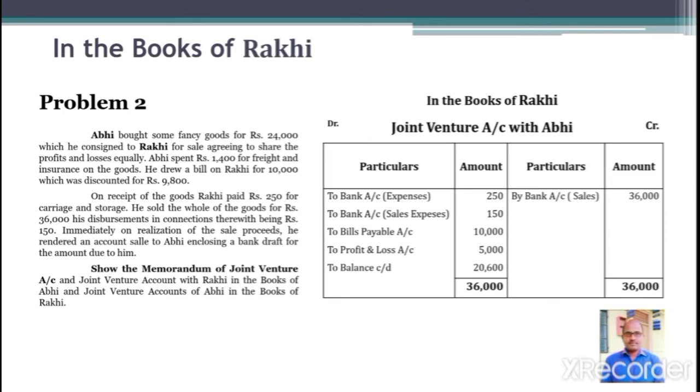So this is the profit of memorandum joint venture account. Then on the credit side we have by bank account 36,000. So this is the entry for sales. Upon closing of this account, 36,000 is the total and the balance is 20,600. This balance is carried down.